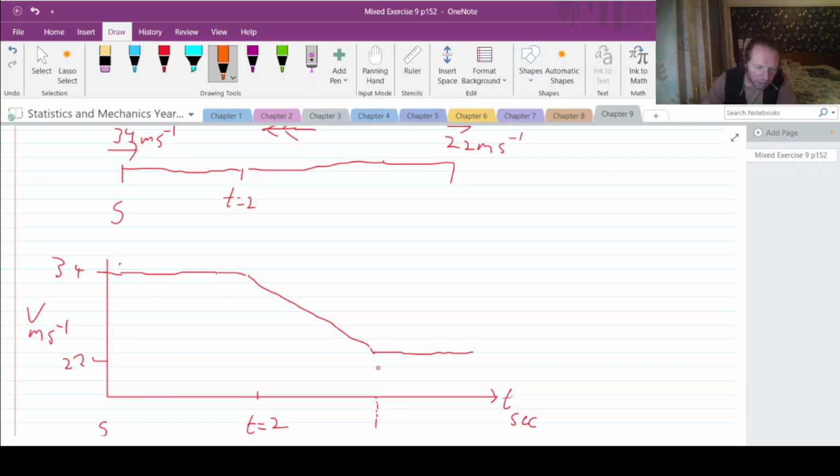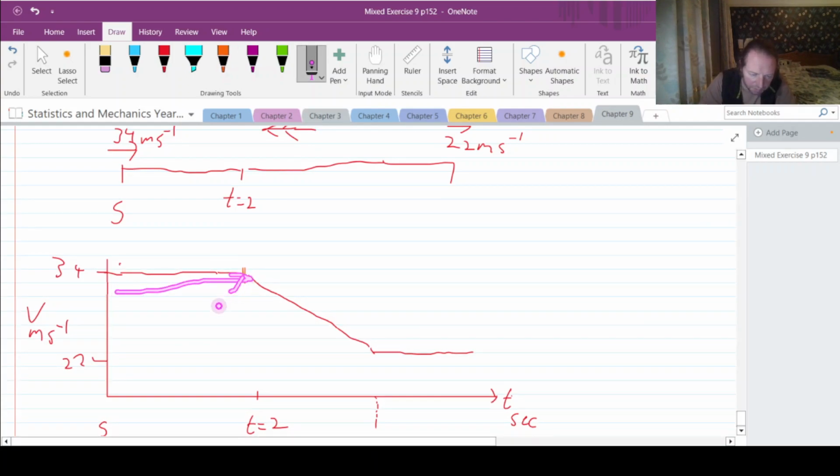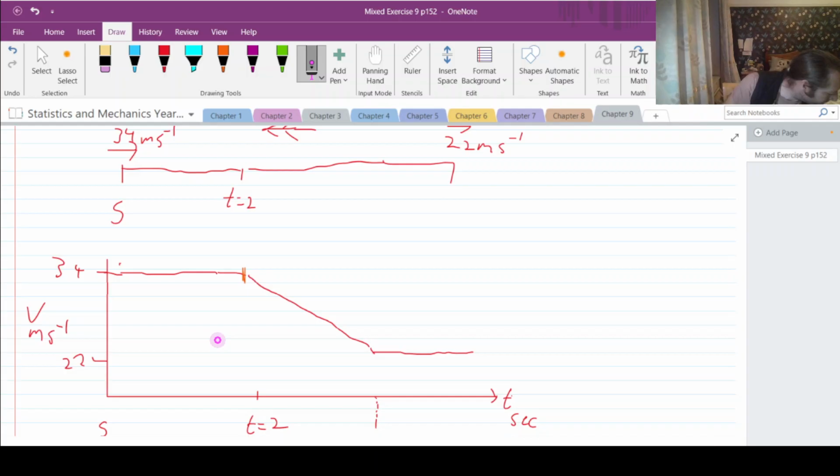First, how far do we travel between here, and then how far do we travel onward? If we are doing 34 meters a second, I presume they mean we've still got this 2 seconds reaction time.